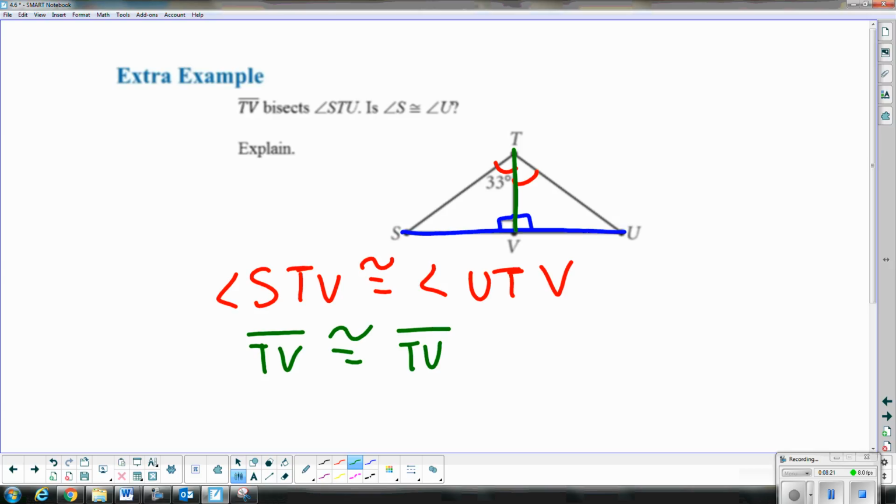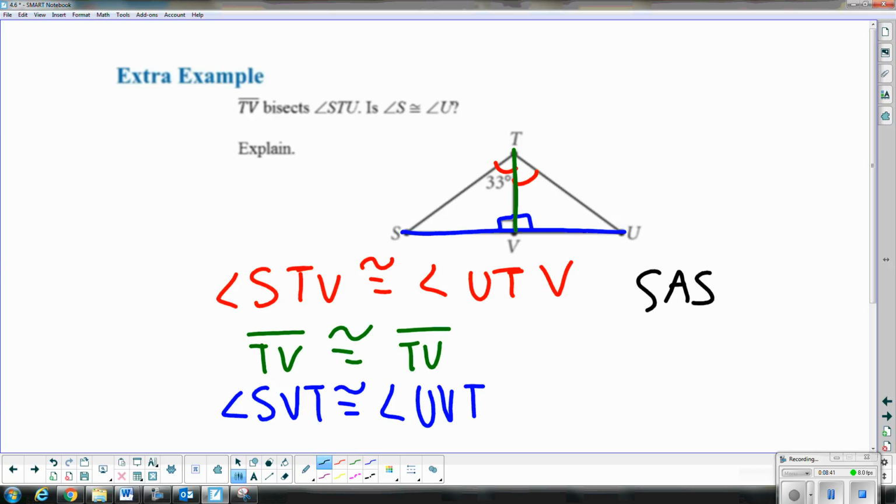And then lastly, we have angle SVT is congruent to angle UVT. So that's side, angle, side.